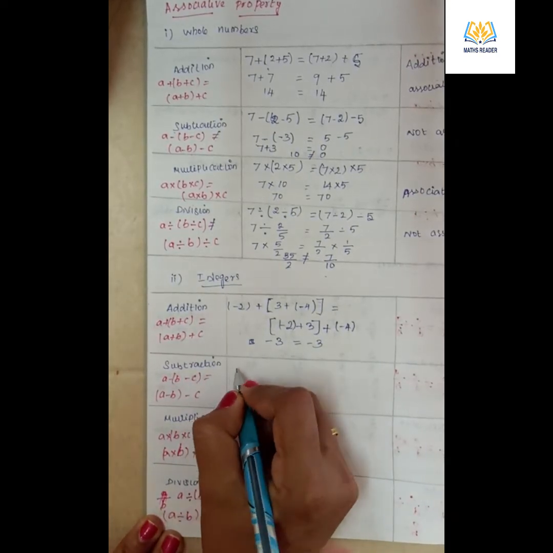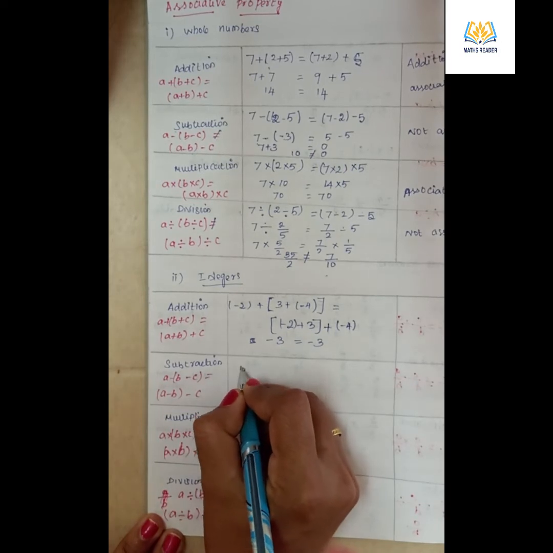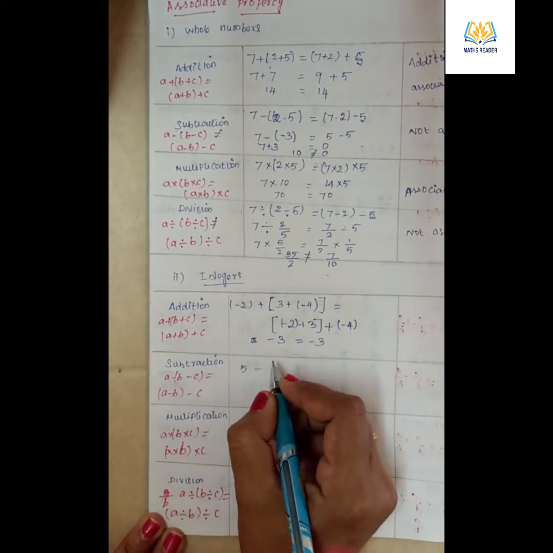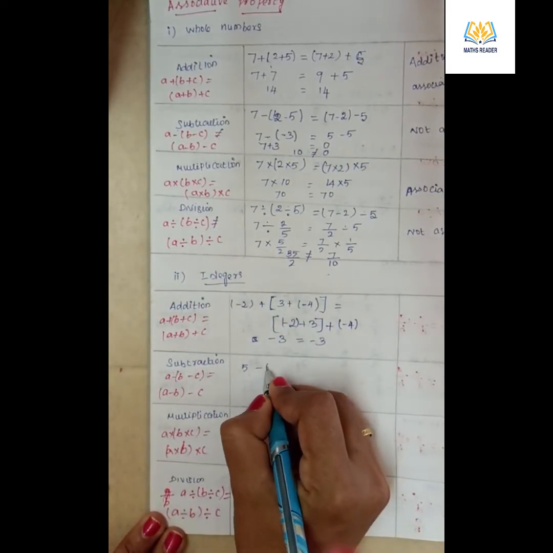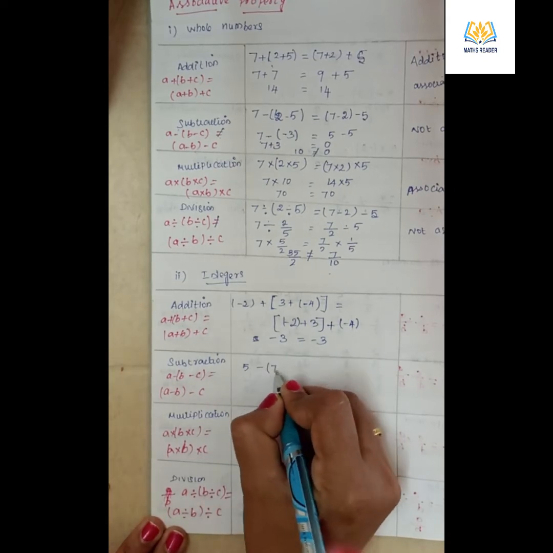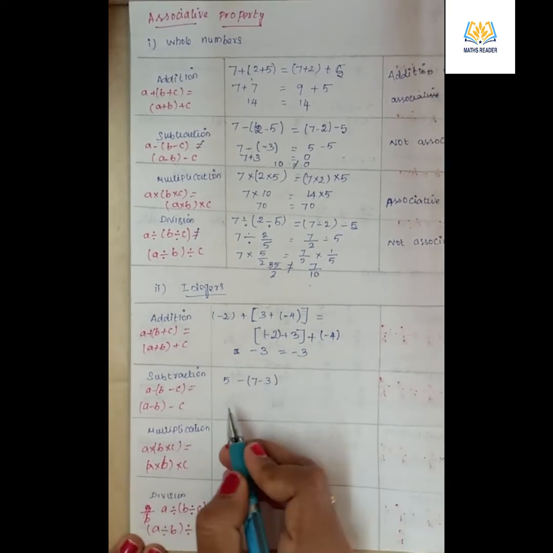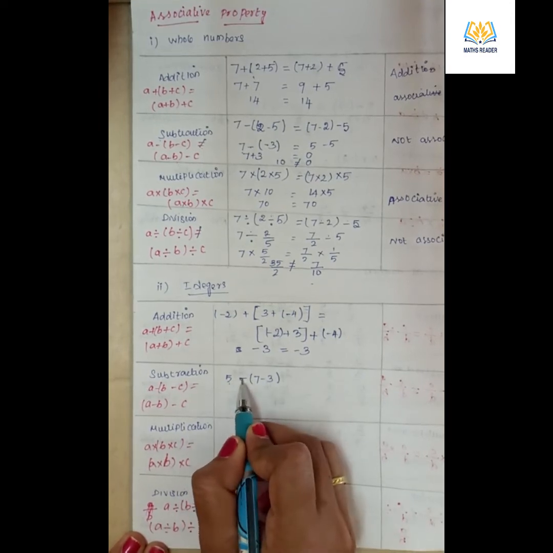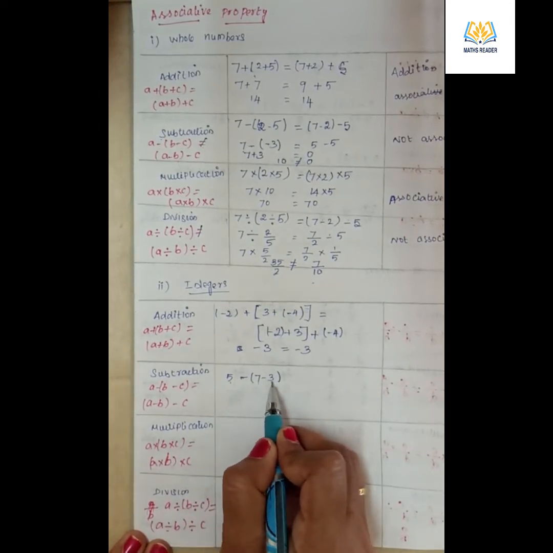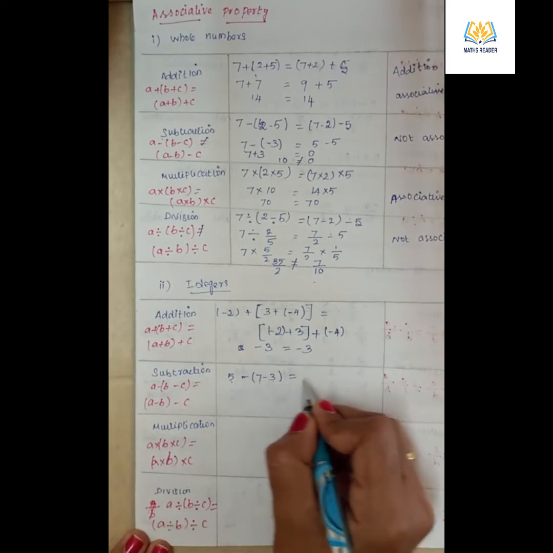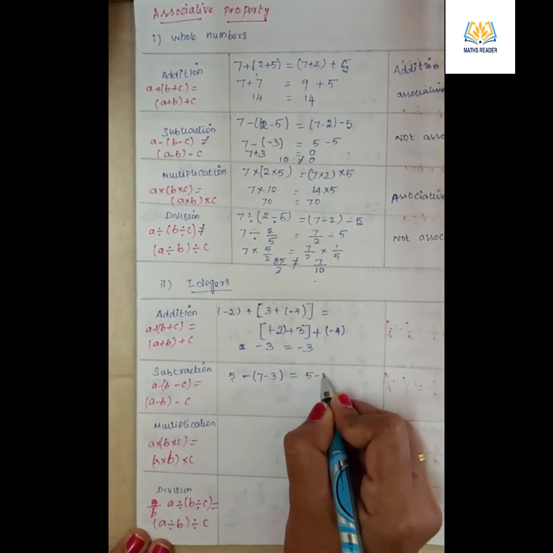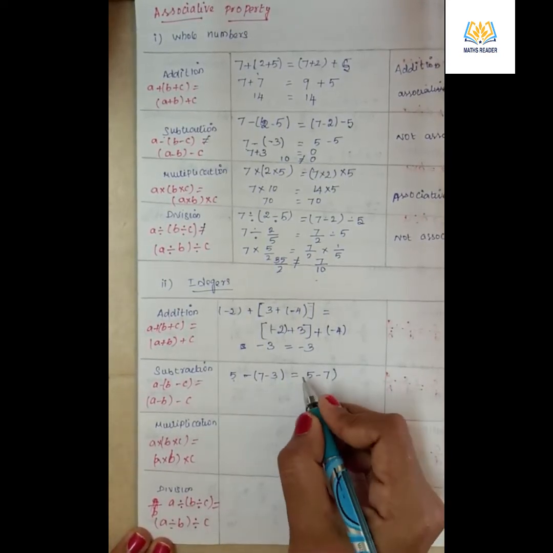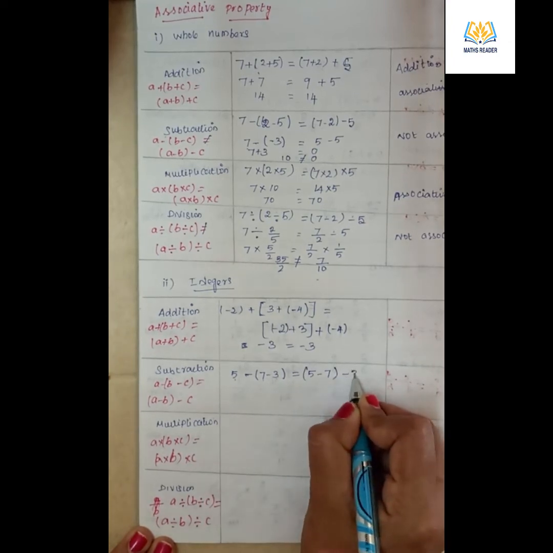Next for subtraction. 5 minus 7 minus 3, that is (A minus B) minus C, equal to 5 minus (7 minus 3).